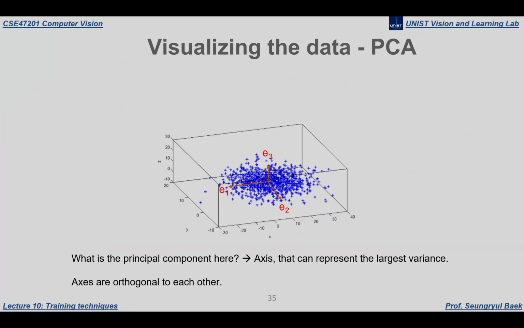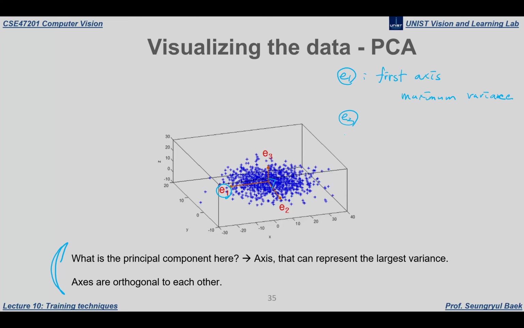And next, after selecting the first principal component that has the highest variance, let's say this E1 is the first axis that has the maximum variance.